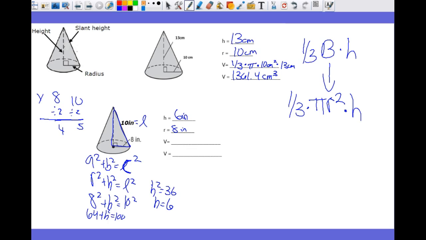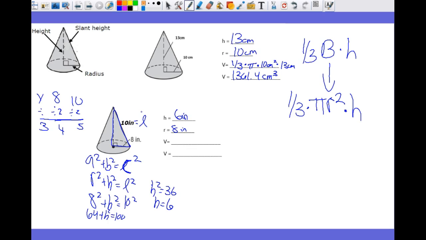We get 4. Who remembers a Pythagorean triplet that has a 5 and a 4 in it? Yep. 3, 4, 5. And since we divided this by 2, what do we need to multiply this by? And we get 6. So you should actually be able to look at this and already know it's 6. Remember those shortcuts that you guys were complaining about? Yeah. You all complained about them.